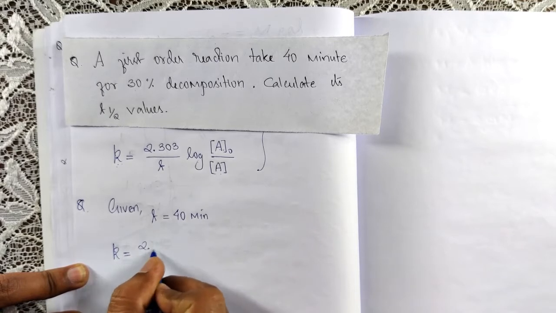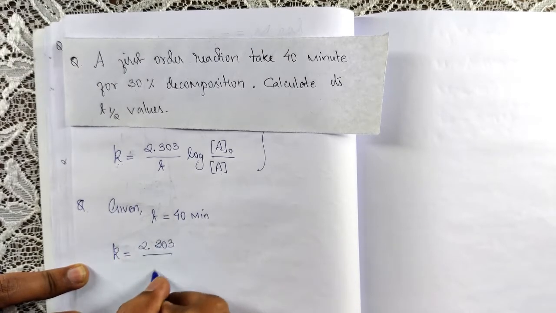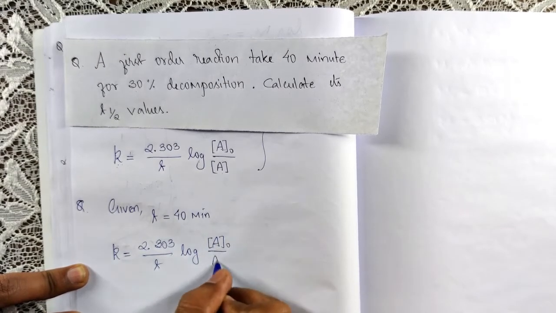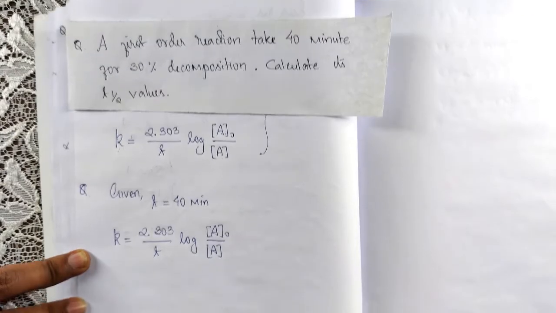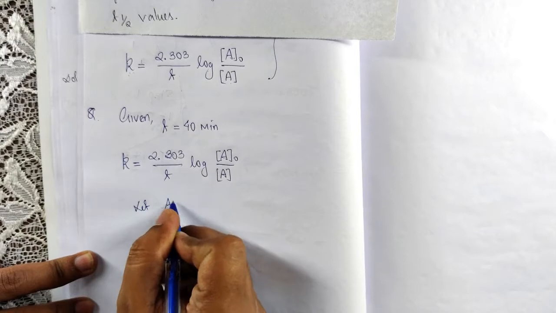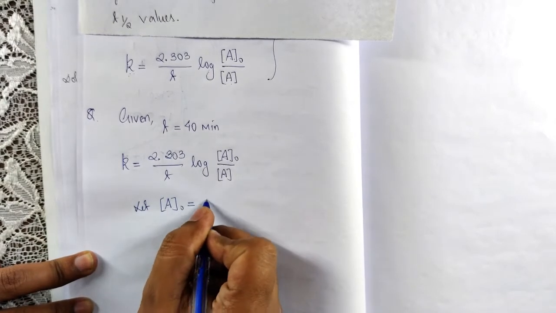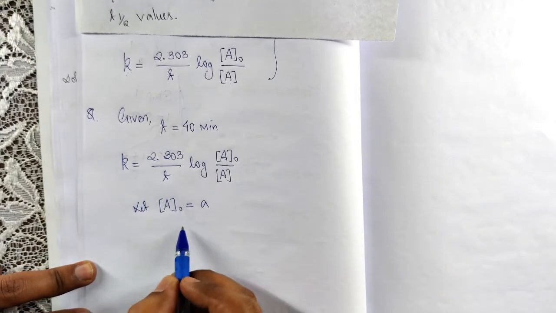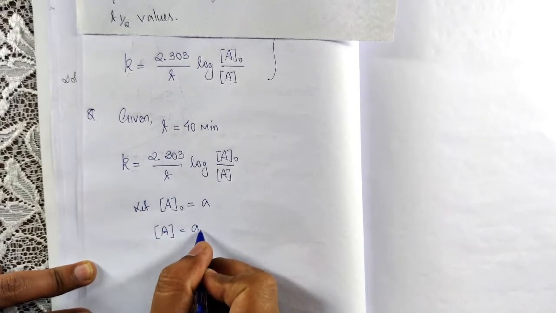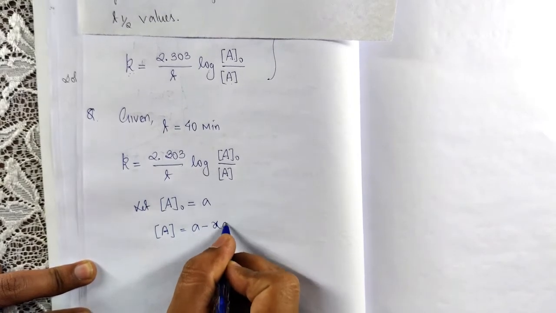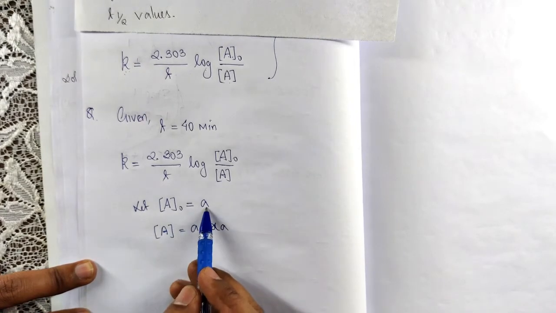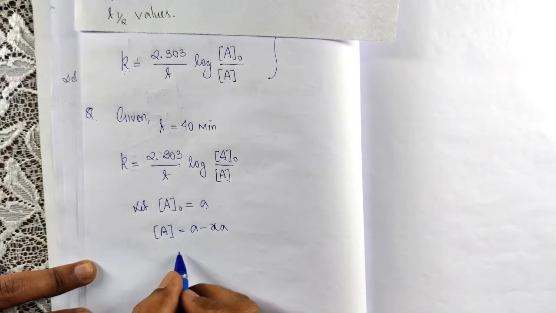K is equal to 2.303 by T log A naught by A. Let A naught be a, and A will be a minus x a. A naught I'll take as small a, and A will be a minus x a.